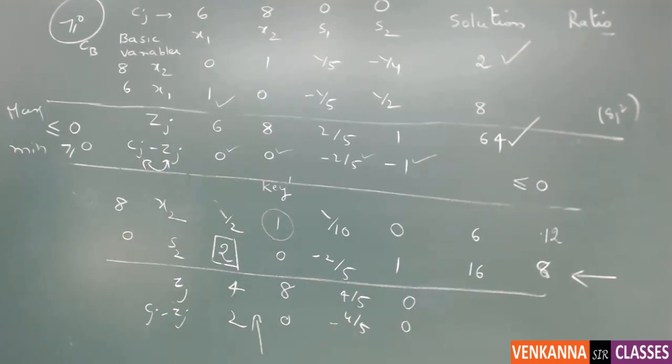So any queries with regard to the optimality checking condition, building up of the simplex table and solving the problem, anyone? Or is that giving a confusion to you? This is the only way of the simplex method.